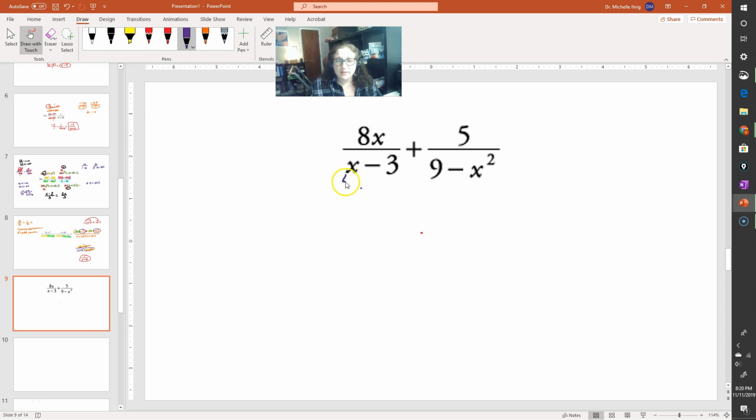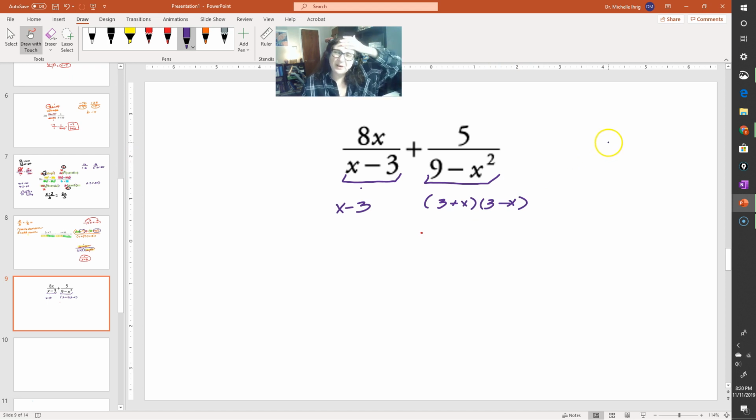First, I notice this says x minus 3, and this is 9 minus x squared. So when I factor this out, this is really going to stay x minus 3 for right now. This is really 3 plus x times 3 minus x. And really, what I want you to do is I want you to think of difference of two squares.